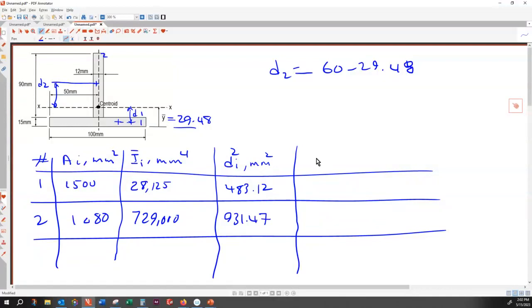All right, now I need the product of Di squared times Ai. This is the penalty term.